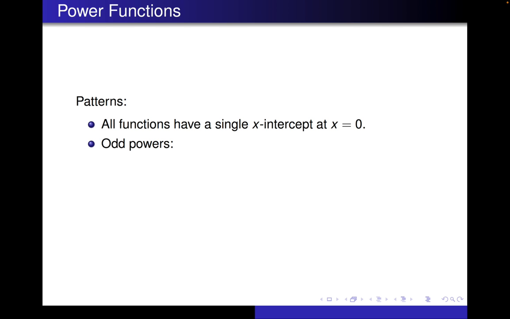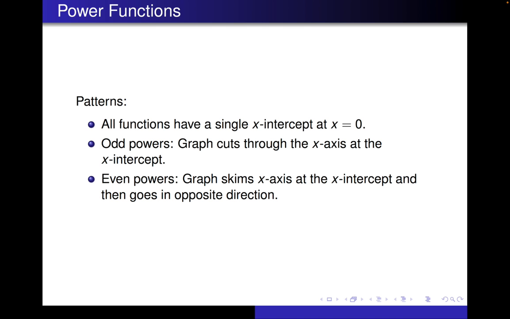So our patterns are that in all these cases, the functions have a single intercept at x equals 0. If we have an odd power of x, that's going to cut through the x-axis at the x-intercept. And if we have even powers, that's just going to skim the x-axis at the x-intercept and then go in the opposite direction, so it's going to go down and then up. But you can imagine that if we had a negative coefficient, it could skim the x-axis going up and then down.